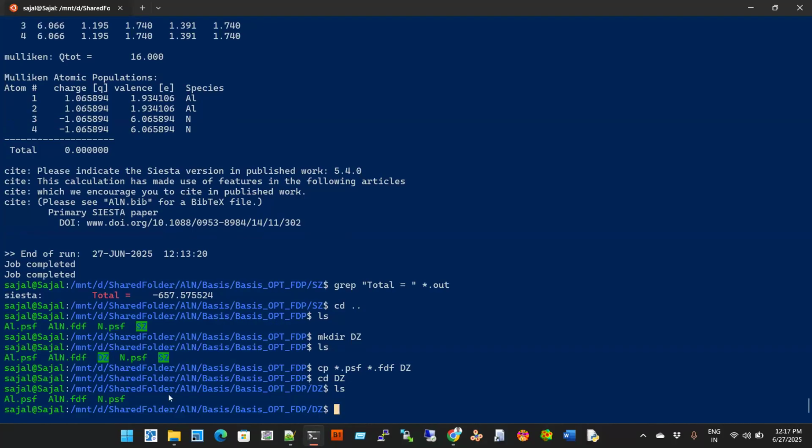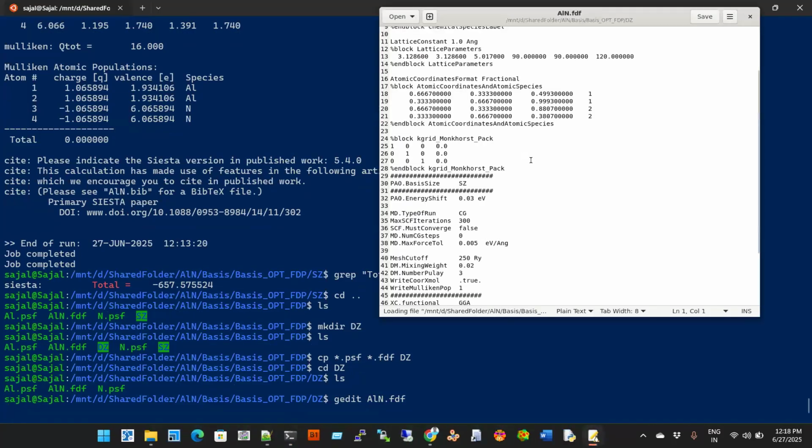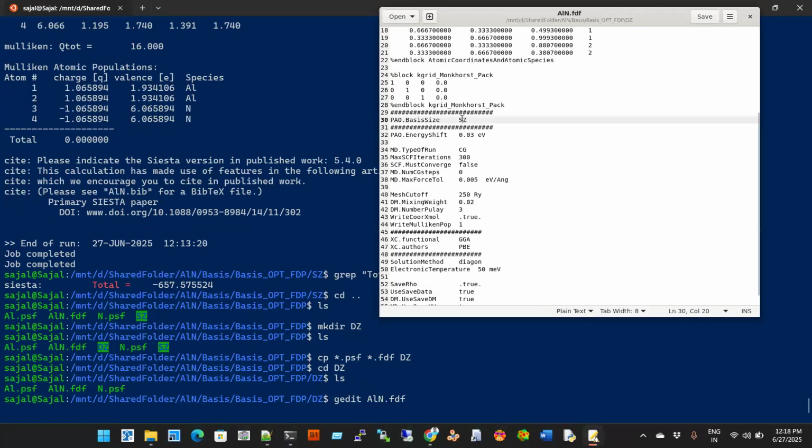Now we are at the dz folder, but we have simply copied the previous one, so we have to edit the aluminum nitride fdf file. This one was sz. Now we want to make it dz.